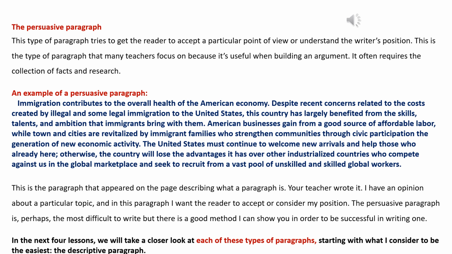This type of paragraph tries to get the reader to accept a particular point of view or understand the writer's position. This is the type of paragraph that many teachers focus on because it's useful when building an argument. It often requires the collection of facts and research.